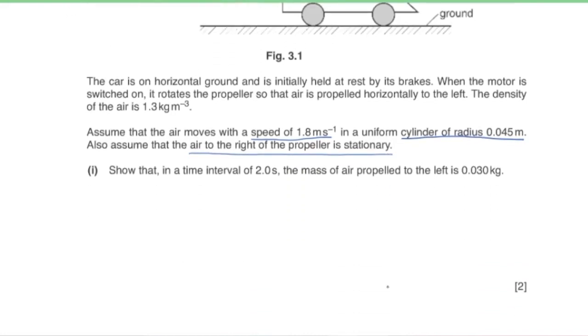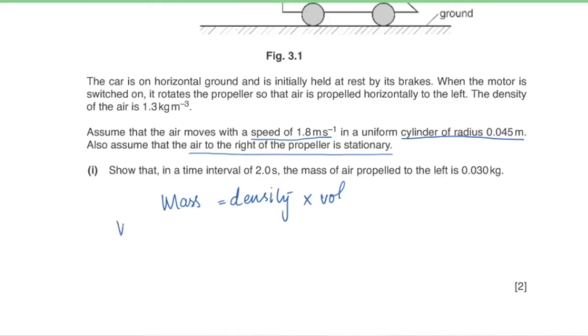Part 1, show that in a time interval of 2 seconds, the mass of air propelled to the left is 0.03 kilograms. So mass is equal to density of air, which is 1.3, multiplied by volume of air that's propelled to the left in 2 seconds. So volume of air that is propelled is in the shape of a cylinder.